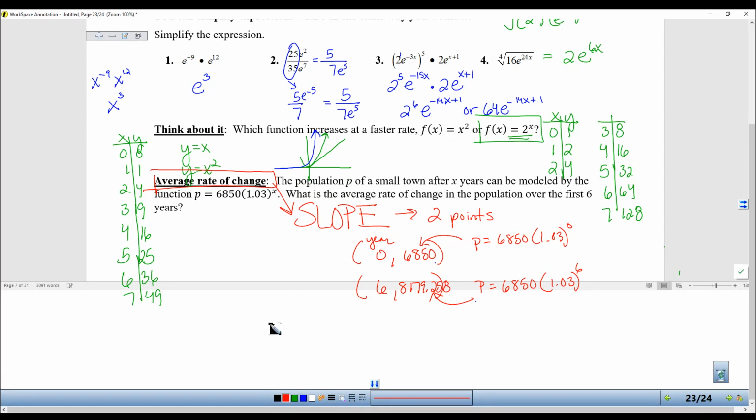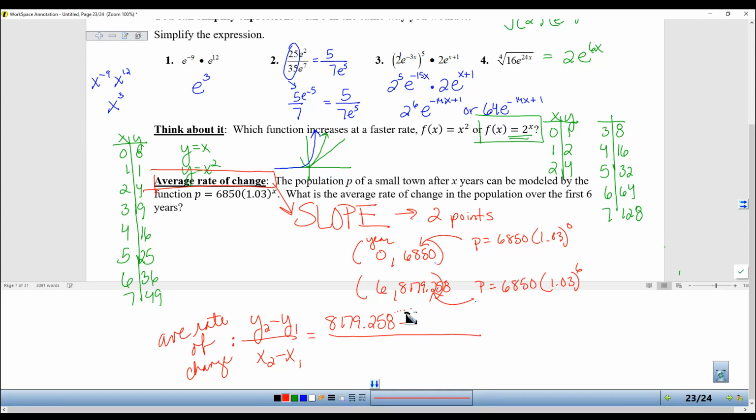And slope is y2 minus y1 over x2 minus x1. So whenever you see average rate of change, this is always what they're looking for. If you really want your answer to be exact, you could leave all the other parts in your calculator and just right away subtract 6,850, which we didn't round.